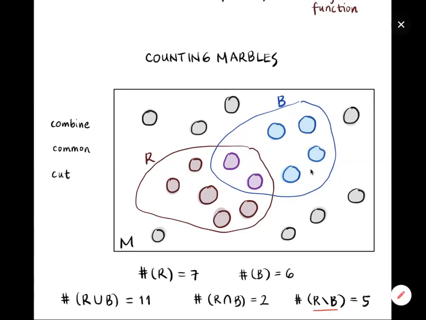So what you do is you take the set R, but instead of subtracting the number of elements of B, because the blue ones here do not belong to R, it suffices to subtract the elements common to R and B. And again, those are the violet ones. So that would be 7 minus 2, and you get a 5.